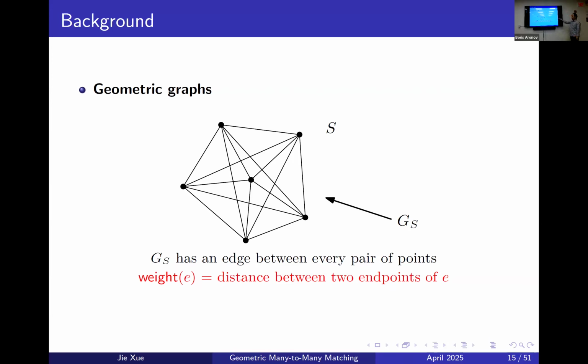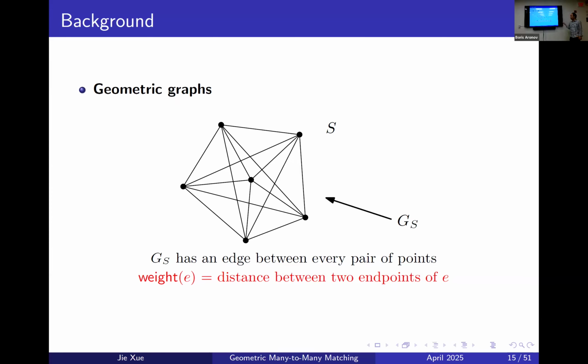If your edge weights are defined in this way, let's call it a geometric graph defined, say, by points in 2D. Of course, you can also use points in higher dimension to define a geometric graph. But the limit of this representation is that you can only define complete graphs.